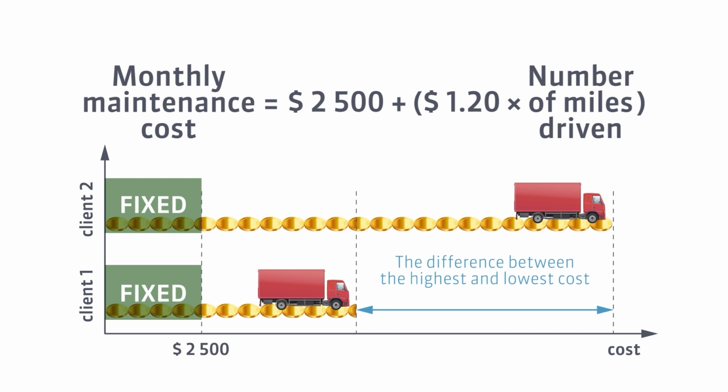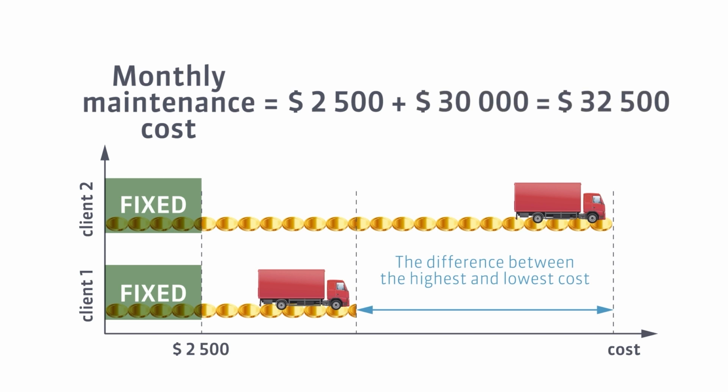For example, what maintenance cost should the company expect in a month when it schedules 25,000 miles? For 25,000 miles, estimated maintenance cost will be $2,500 fixed and $30,000 variable, for a total of $32,500.